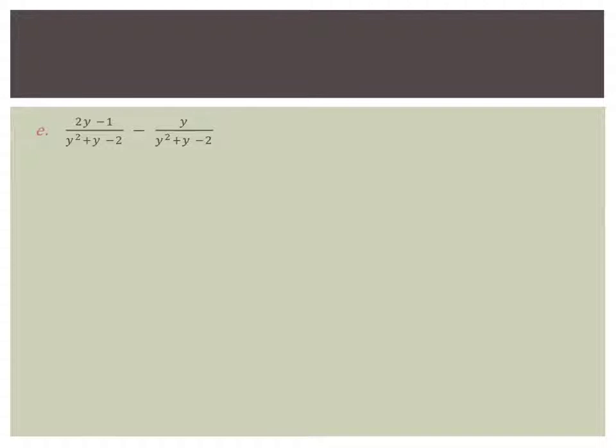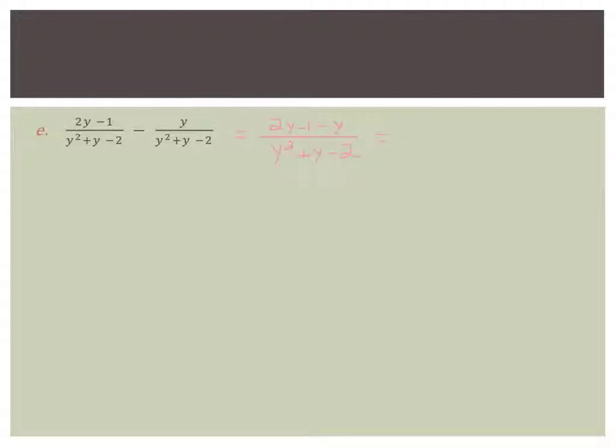Example E, 2y minus 1 over y squared plus y minus 2 minus y over y squared plus y minus 2. So the common denominator is y squared plus y minus 2. And then I have 2y minus 1 minus y. So I can simplify this. On the numerator, I can combine like terms.